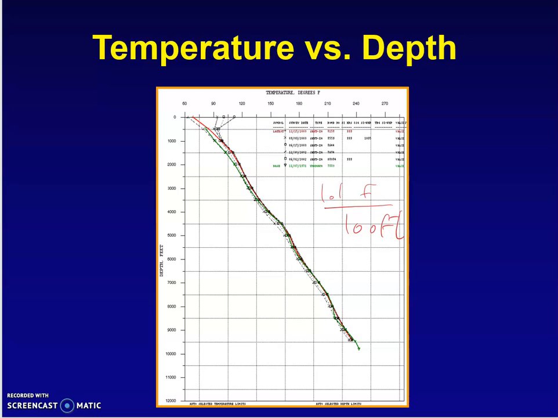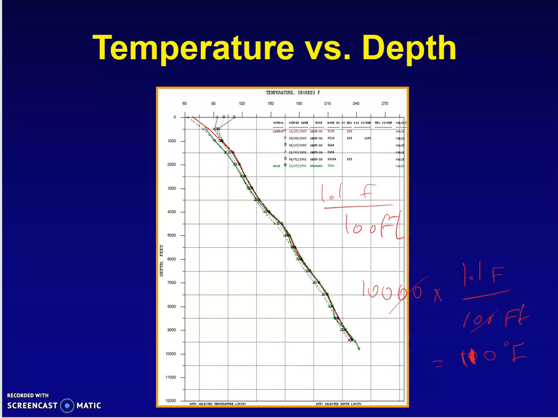So if you go, for example, 10,000 feet underground, then your temperature should increase by 10,000 multiplied by 1.1 degrees Fahrenheit per 100 feet, right? And the 100 cancels, so 100 times 1.1 is equal to 110 degrees Fahrenheit, right?